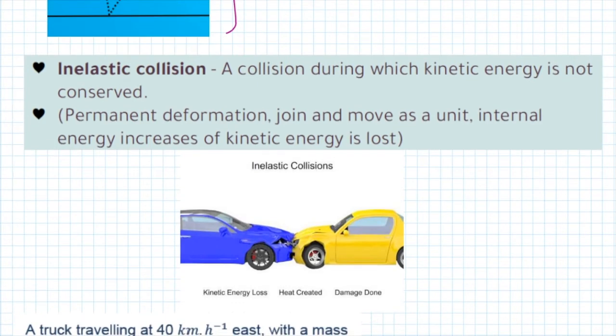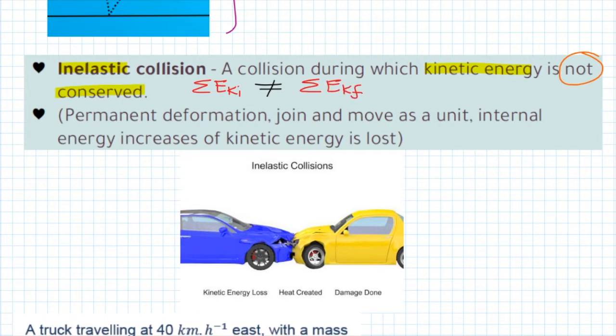We say an inelastic collision is a collision during which kinetic energy is not conserved, and that is very important. If we would like to prove that a collision is inelastic, once again we will add up the kinetic energies before the collision, but we're going to find that this kinetic energy is not equal to the kinetic energies that we add up after the collision.